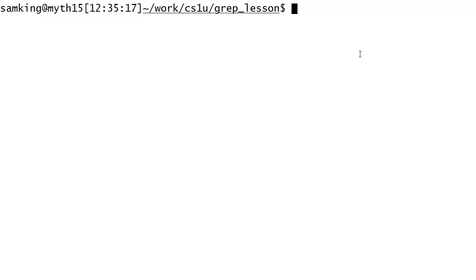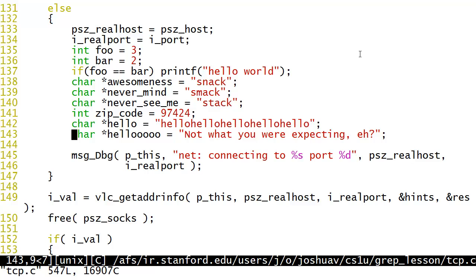You can imagine that the start of line character was inserted immediately before the very first character in a given line, and that the end of line character was inserted right after the very last character in a given line. What that means is that if you have a line of text, so for instance, let's go into tcp.c, then between here and here, so right to the left of here, there is an imaginary caret character marking the start of the line.